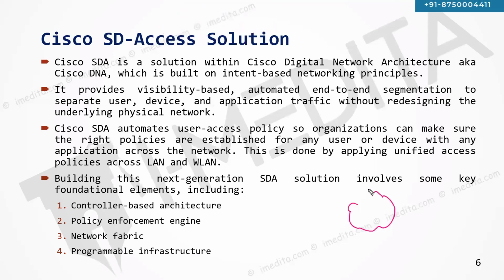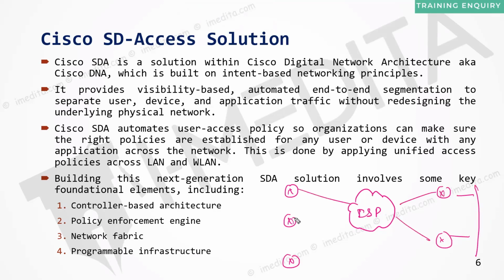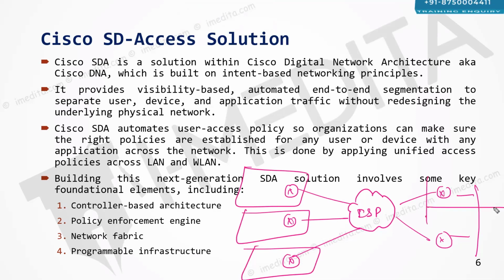What is an overlay? Let's say here is your internet service provider. Here is one of your branches, a second branch, a third branch. And here are, for example, your two data centers, which are interconnected to each other. This is, for example, how we have the connectivity between our three branches and the data center network.